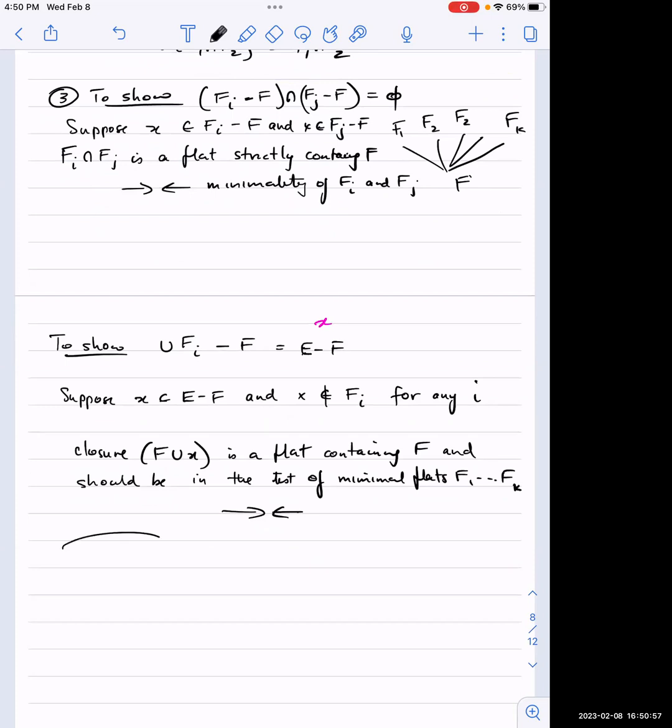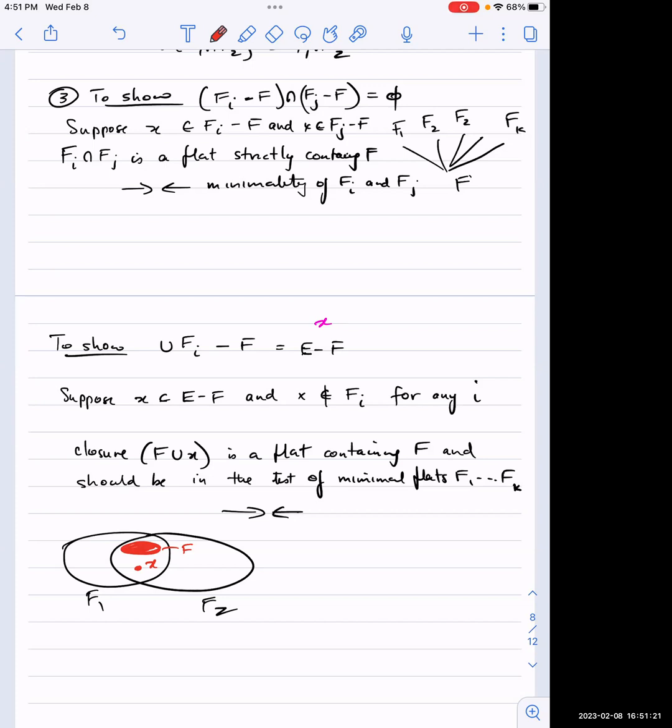Right, so let's get a picture going to see that. So you have F1, F2, and also F over here. Say this is F. And there is an X somehow in E minus F, but it's not in any of the Fi's.